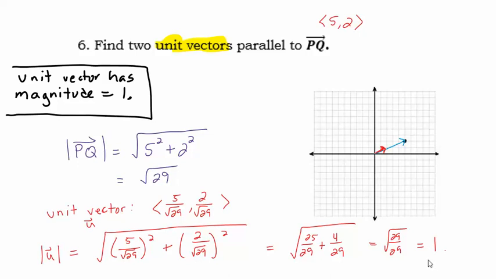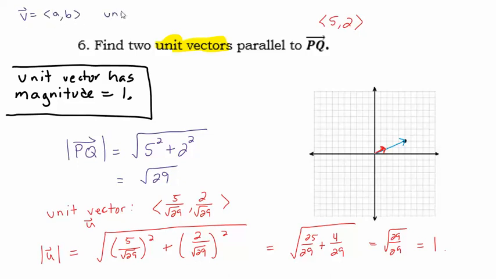All right, so to find a unit vector, you're going to divide the components by whatever the magnitude is. So let's write a generalization for that. Let's say we have a vector v that has components a and b.